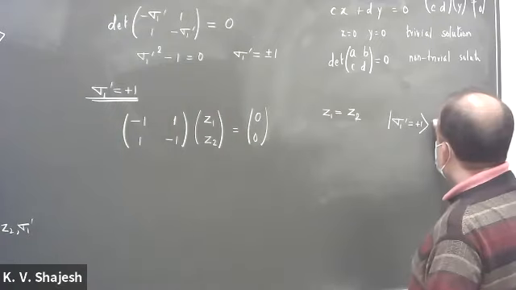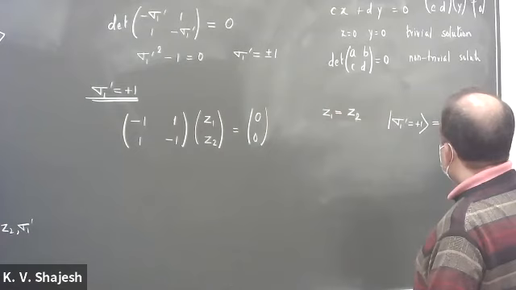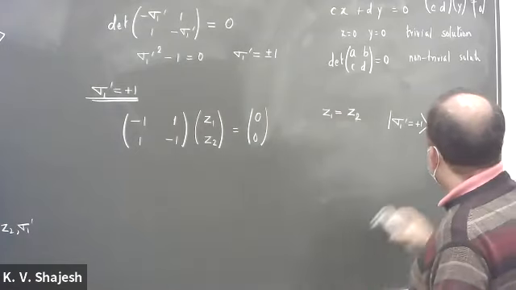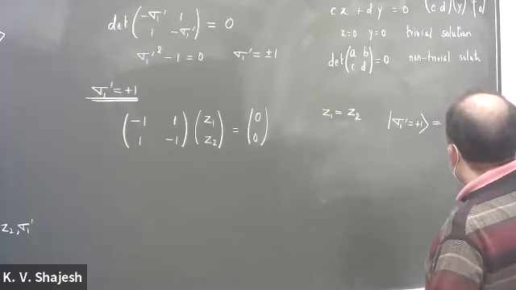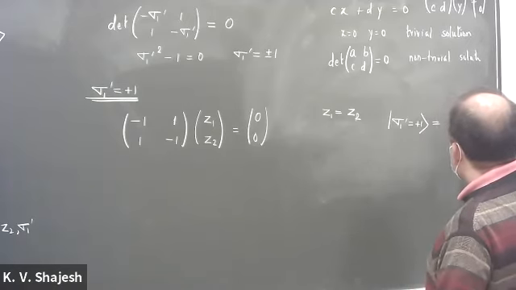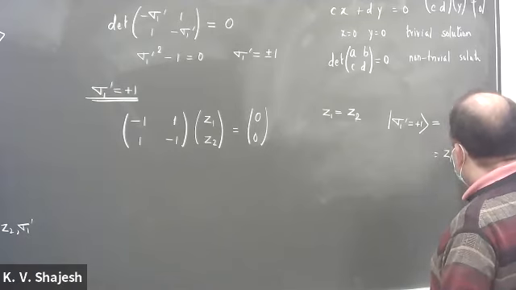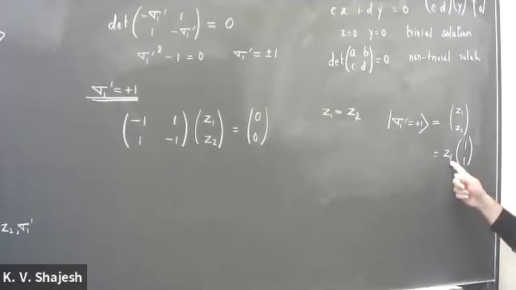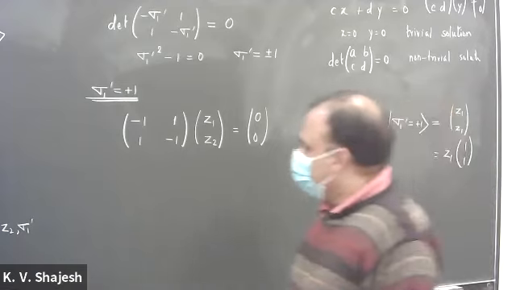We can write it as z1, z1, and then take out z1, giving z1 times 1, 1. But that's a complex number, right? So that's good, let's keep it there.